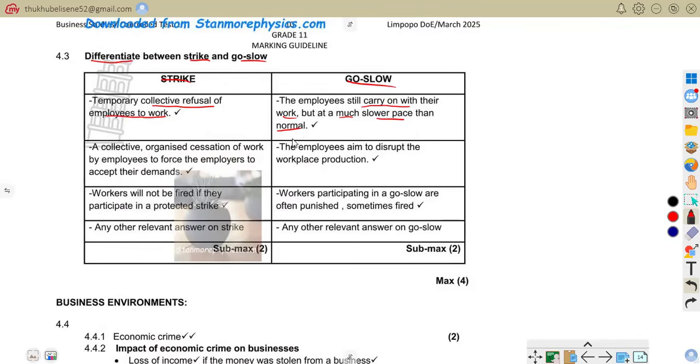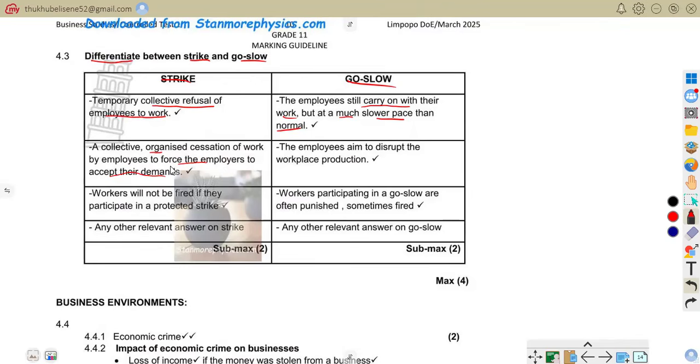Let us go to collective. A collective or organized cessation of work by employees to force employers to accept their demands.